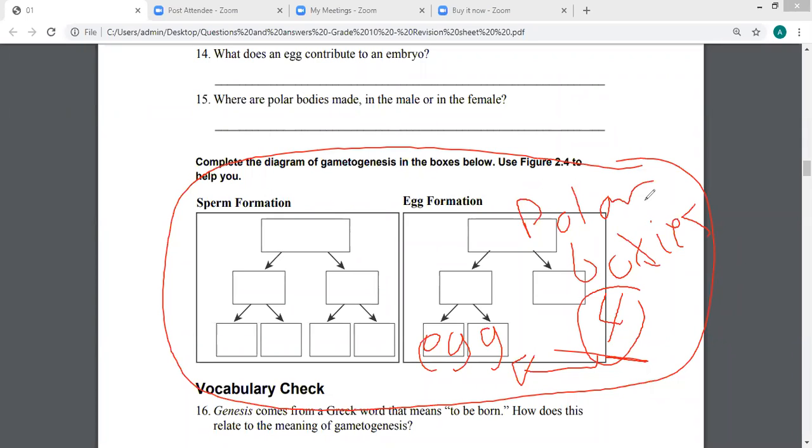So meiosis occurs after fertilization. When the zygote is formed, it may be male or female. Which process determines whether the zygote will be male or female? The meiosis division, egg or sperm. So it occurs during fertilization.